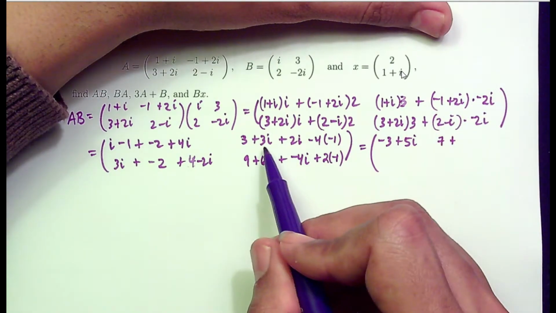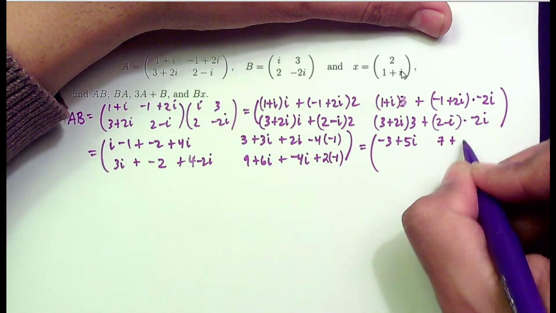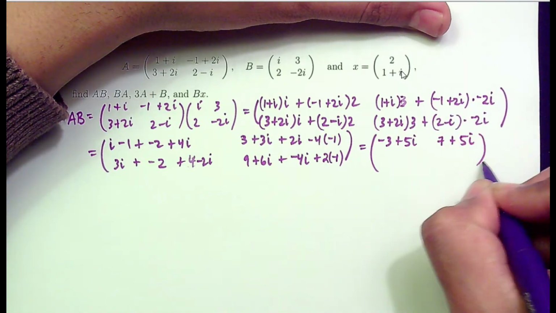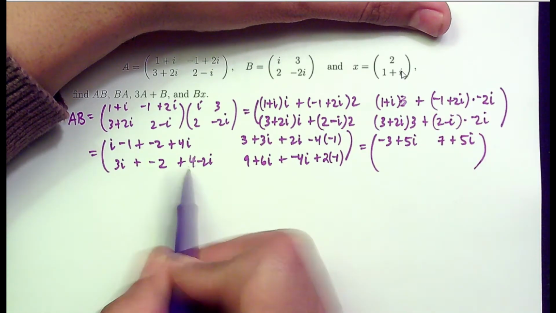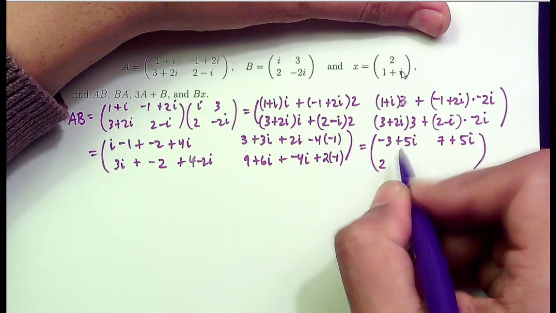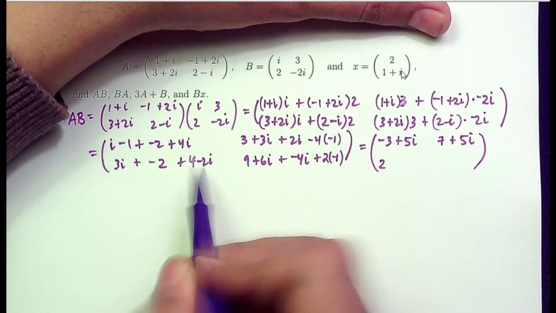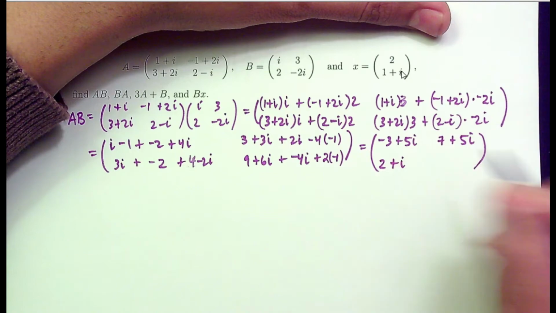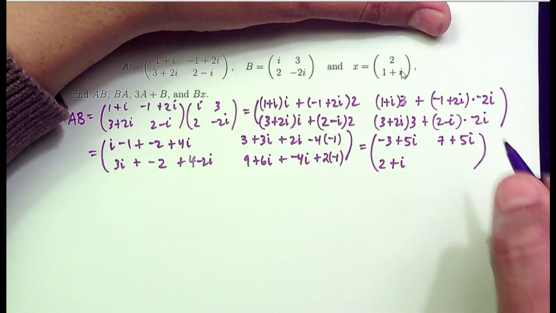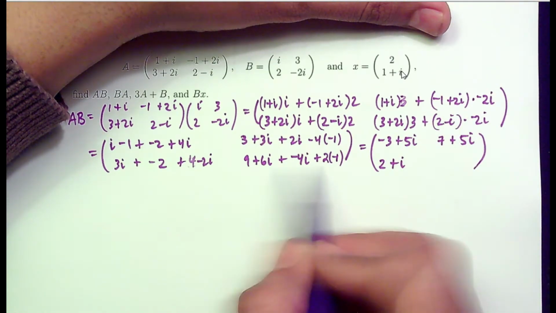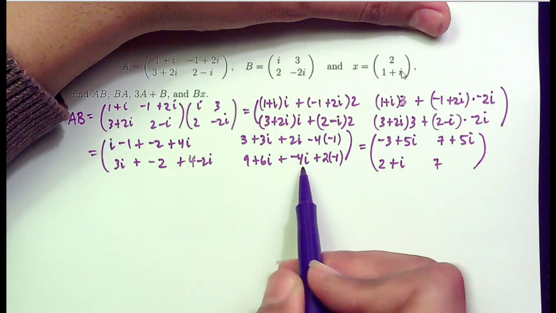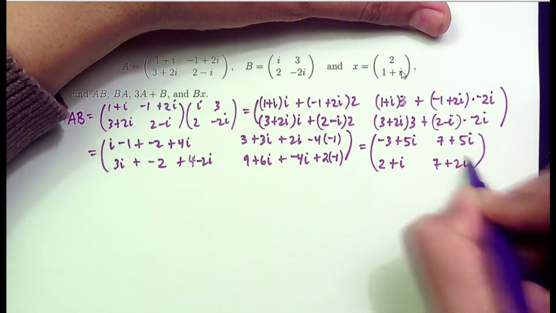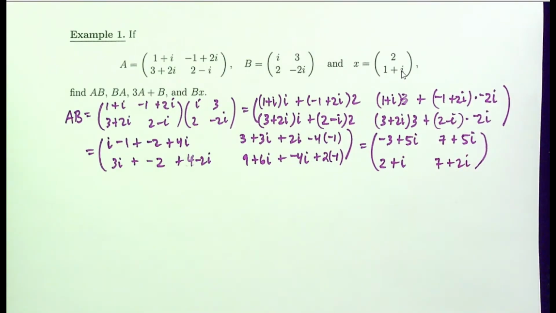And then 3i and 2i, that would be 5i. Now here in this corner, you would have 4 and negative 2, that's 2. 3i and negative 2i, that's i. 9 and negative 2 is 7. 6i minus 4i is 2i. So that is the answer. That is the result of AB.